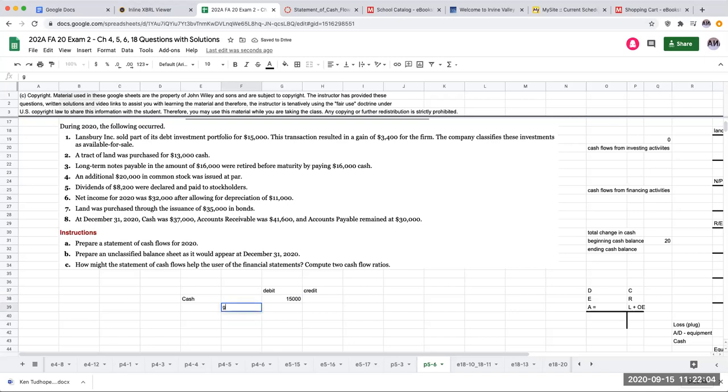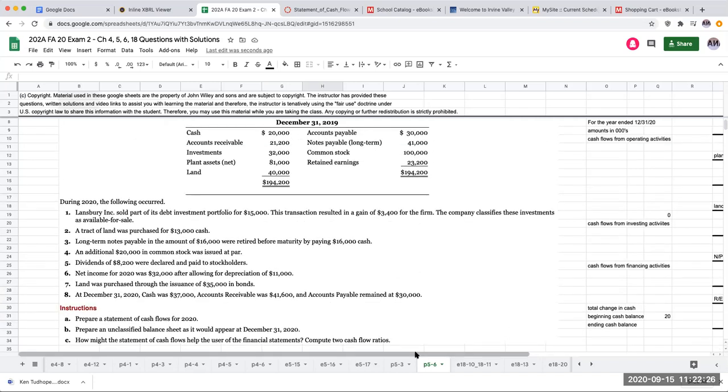Here I had a gain of 3,400. We're going to be recording gains as credits. So that means the amount I was carrying the investment for in my portfolio is going to be 11,600.